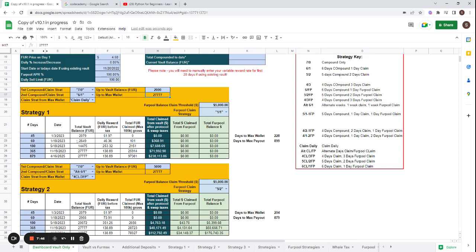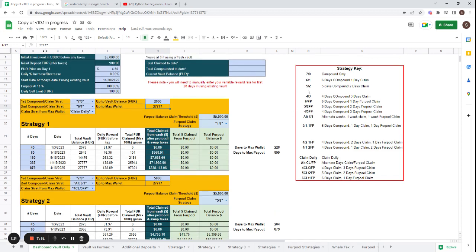And over here, because of this new Furpool claim, we've got quite a few different options on the strategies. On the right-hand side of the sheet here, you'll see a key that tells you what these different options in the drop-down box are. That will allow you to make your decisions and play around with various different things.